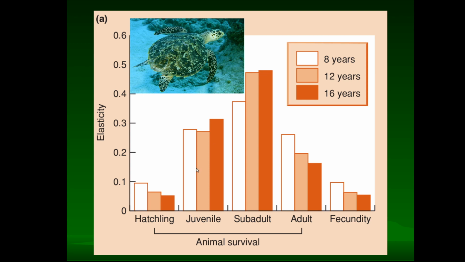And so, the effect of the increase of the hatching survivorship during the Head Start program on the overall lambda had one of the smallest effects, and fecundity didn't have a large effect either. All right, so the Head Start program is going to have probably, look at this, is 0.1 versus 0.5. So the Head Start program is going to have like 1/5 the effectiveness as a program that focuses on the subadults.